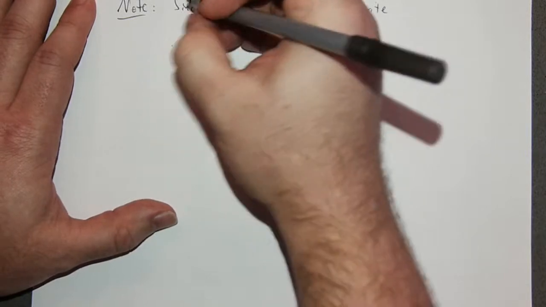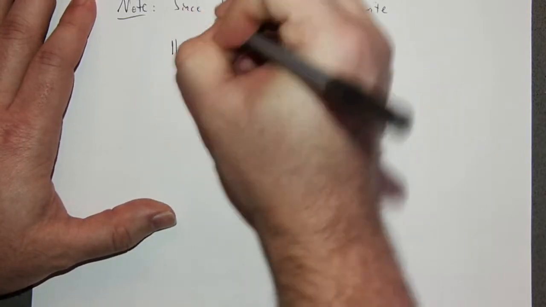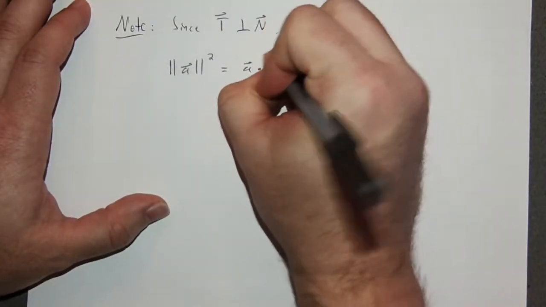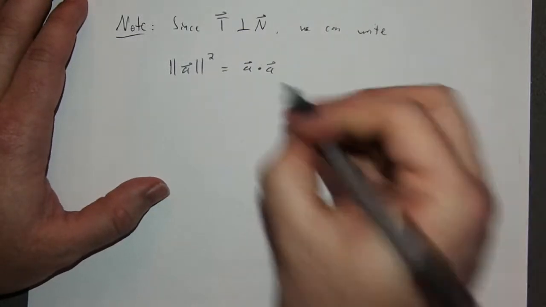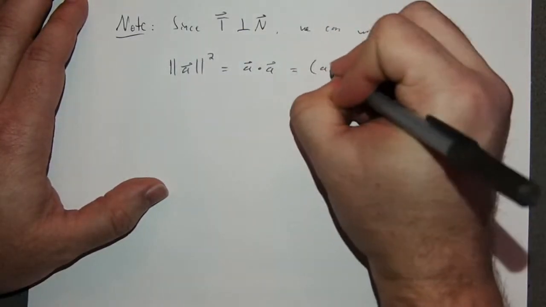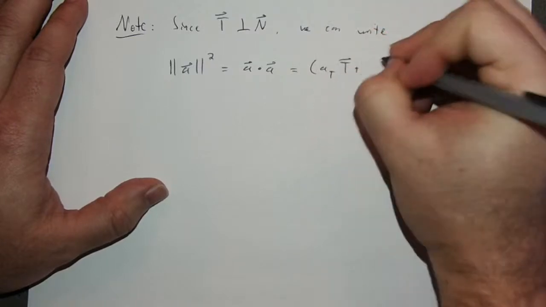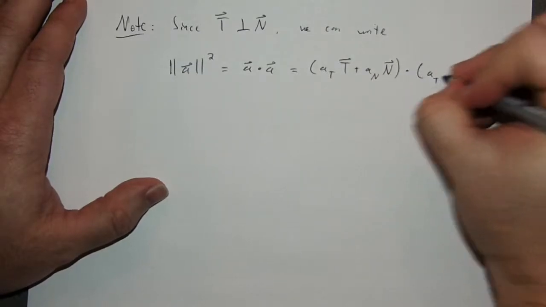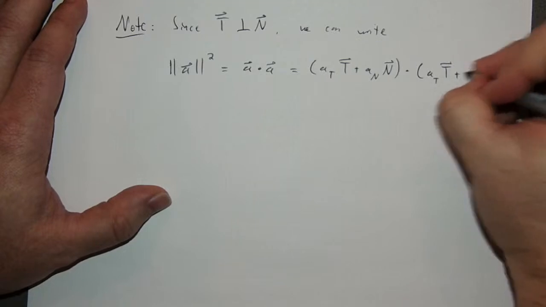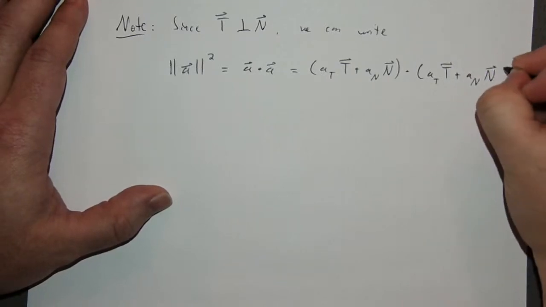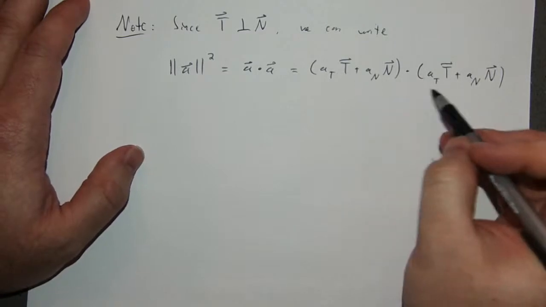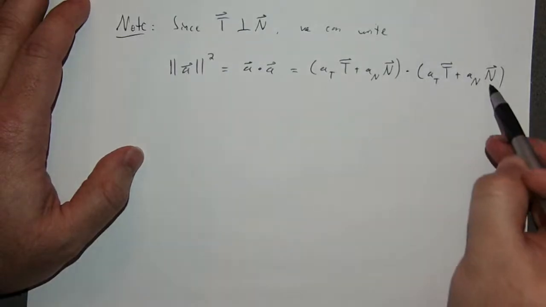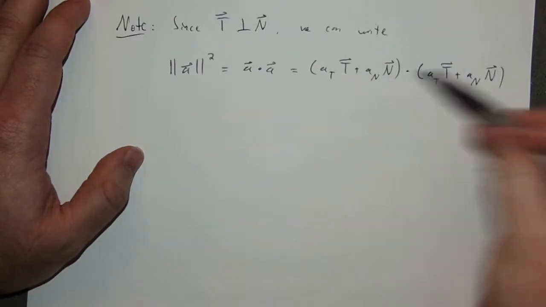If I consider the length of the acceleration vector squared, I know that that's actually just the acceleration vector dotted with itself, which, if we write this out, is the tangential component times T plus normal component times N dotted with itself. Now, we're doing this to take advantage of the fact that these mixed terms are going to cancel, because dotting T and N is going to give 0. So this dotted with this gives 0, this dotted with this gives 0, and so we're only going to get the pure terms.